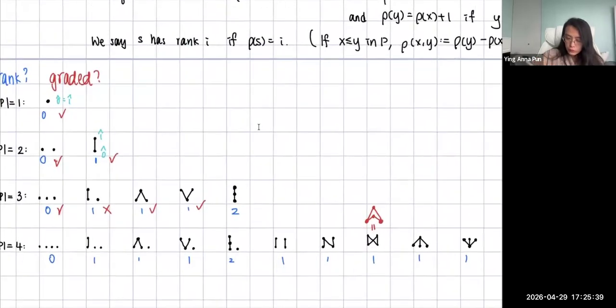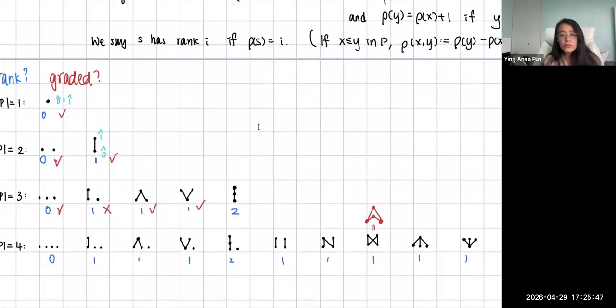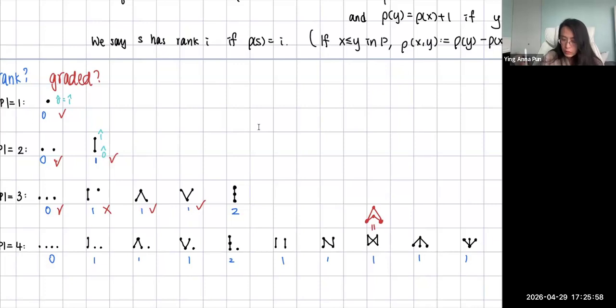Because you can give this guy rank 0 or rank 1. I thought it had to be 0 because it was minimal, or it is also maximal. What if I draw it a little bit higher? Well, I see. Right. So it's not the position that you draw it. These guys, I can draw anywhere, right?